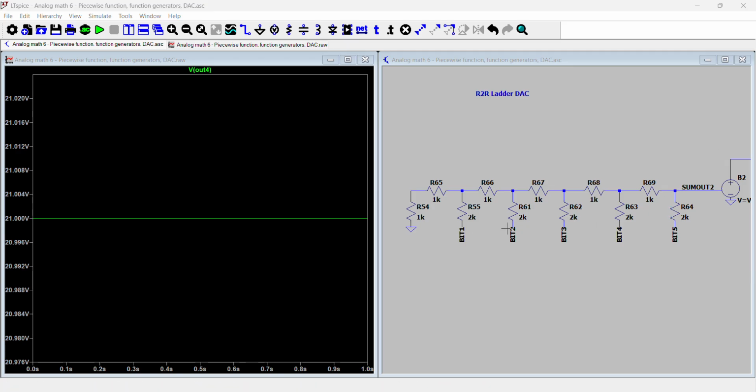So basically, the closer the bit is towards the final output, the larger it contributes to the final voltage of the output. And every position that is closer, it actually contributes twice as much because of this 1K, 2K series parallel relationship.